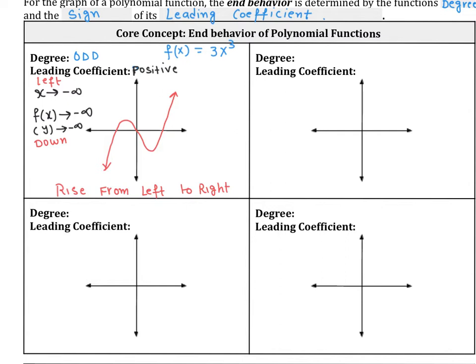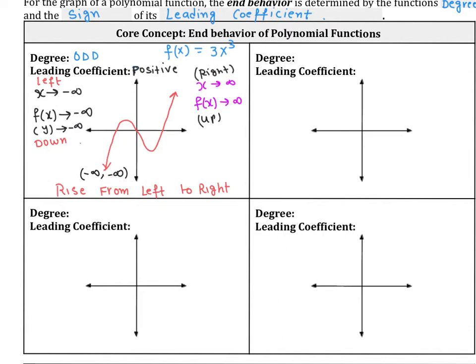Now, looking at the point for this arrow, it is going to the left forever and down forever. So x is approaching negative infinity, which means it's going left forever, and y is approaching negative infinity, which means it's going down forever.